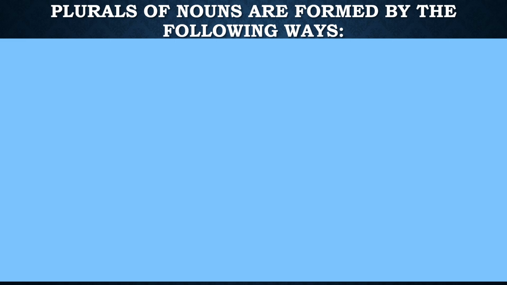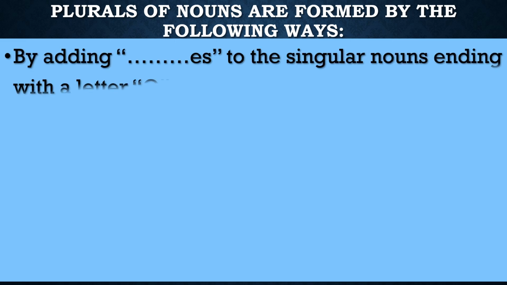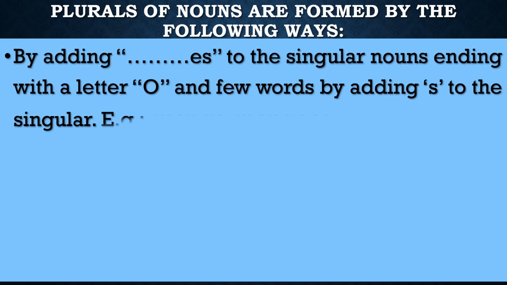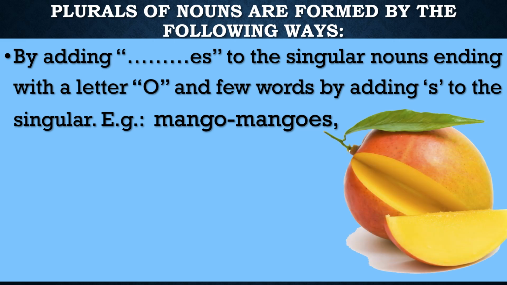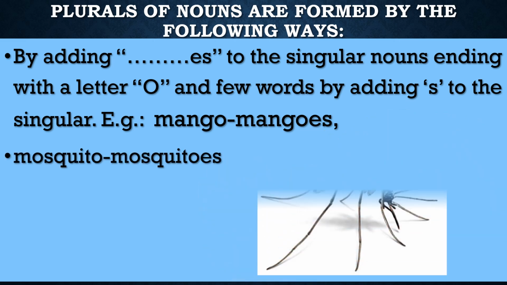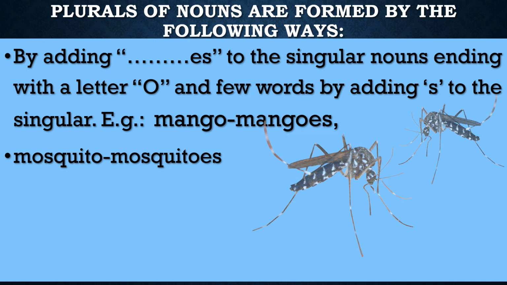The singular nouns ending with a letter o form their plurals by adding es. Examples: mango, mangoes; mosquito, mosquitoes.